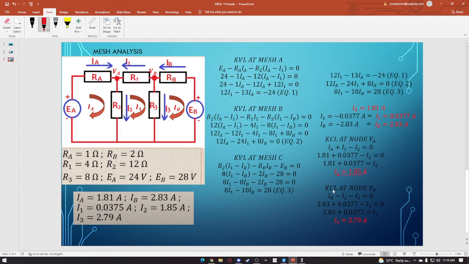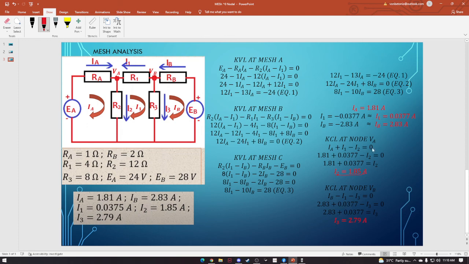So next, the node VB. We'll also use the KCL. So we have IB entering, so it's positive. Then I1 is leaving, so negative. I3 is leaving, so negative, equal to 0.